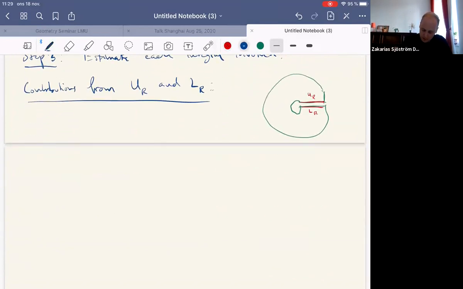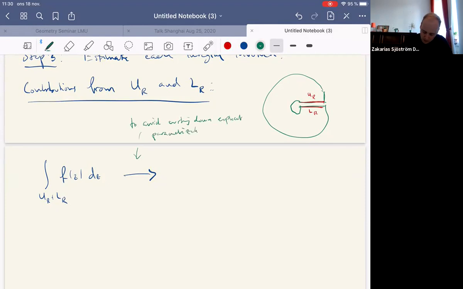So let's see now the contributions. Without going into the specific parameterizations, let us look at this contribution from UR and LR of f of z dz, in the limit, so I write it like this to avoid writing down explicit parameterizations here.